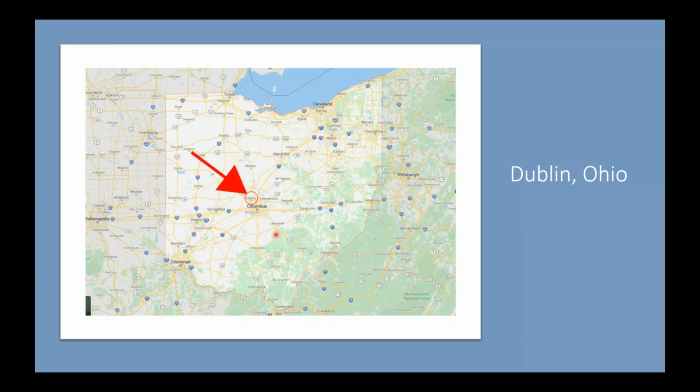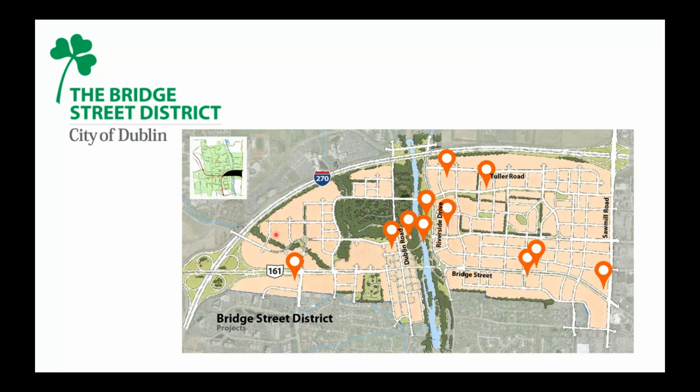Maybe most of you are aware, but for those of you who aren't, the city of Dublin is situated right on the Scioto River. There is the historic part of Dublin, which is here on the west bank of the river, and that's been there quite a while.